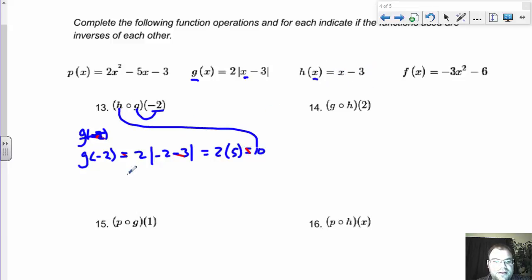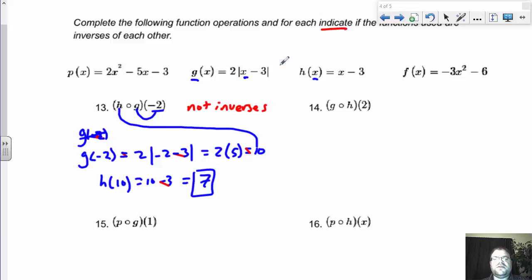So h of 10 is going to equal 10 minus 3. This answer will be 7. Because this -2 and this 7 don't match, these two functions are in fact not inverses. I probably don't want you to indicate this on the exam, but since I wrote it in the instructions, we'll go ahead and do that. They're not inverses because these two numbers should be identical if they were.